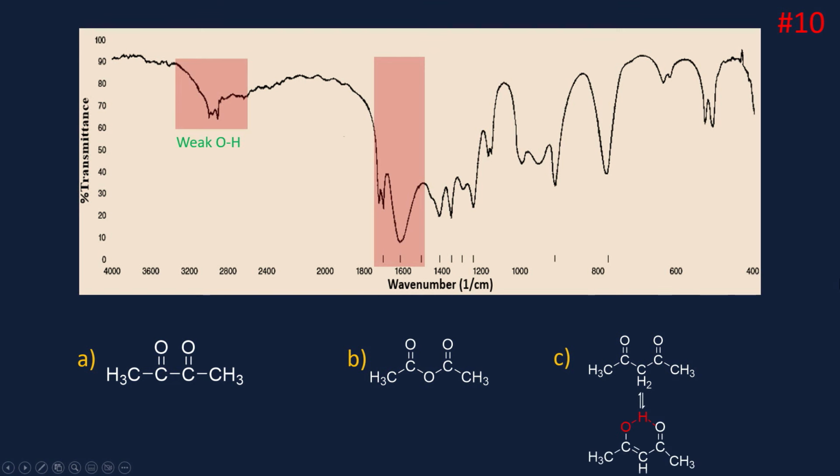The enol form is the reason behind the presence of a small OH band, and these three carbonyl bands correspond to the asymmetric and symmetric keto forms, and the carbonyl located at a lower wave number is the one in the enol form, because hydrogen bonding decreases the wave number, so this corresponds to the enol form.